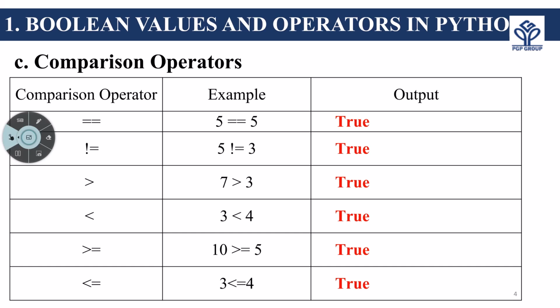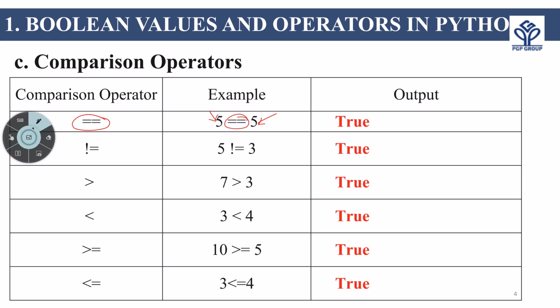Next one, comparison operators. How do we compare the operands? Comparison operators give us Boolean values, true or false. We use double equal to, which means the left side operand and the right side operand must be equal.